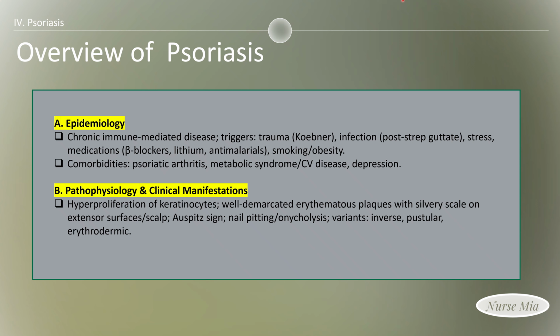Although there is no cure for psoriasis, there are various treatments available that can control clinical manifestations. It significantly affects the quality of life of an individual patient and the family.